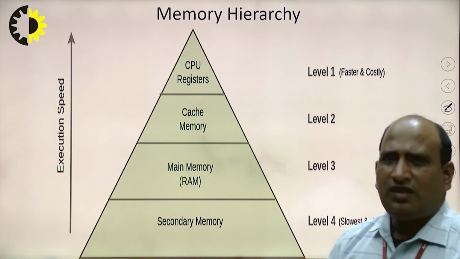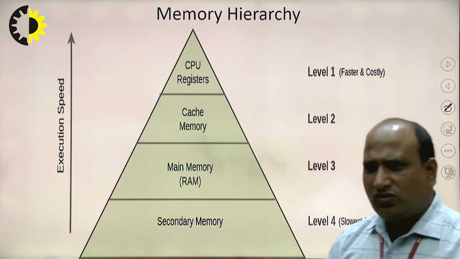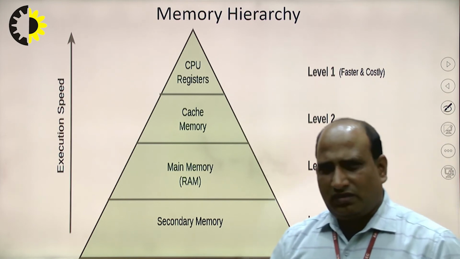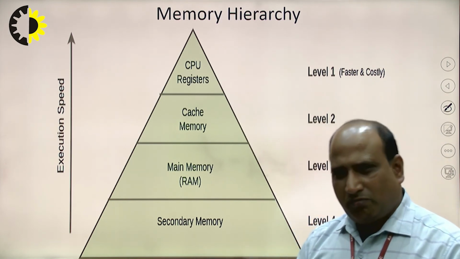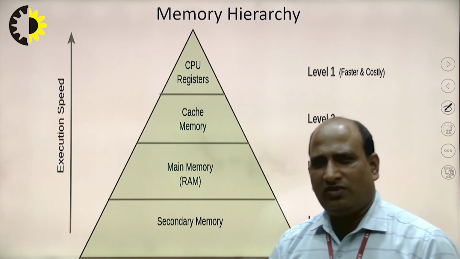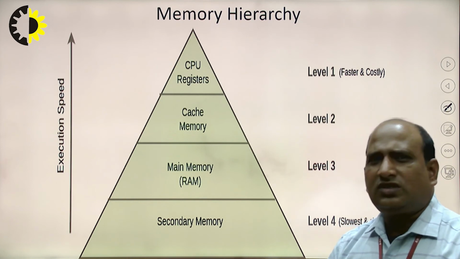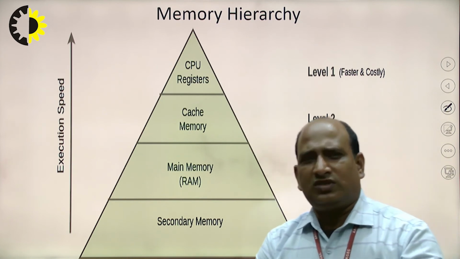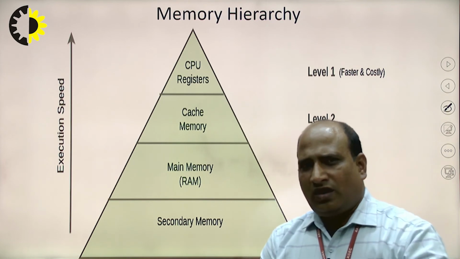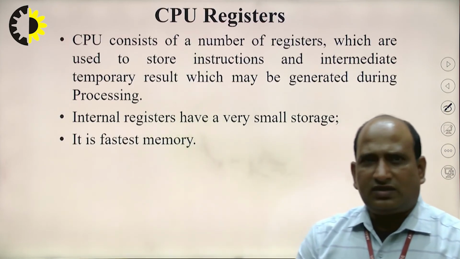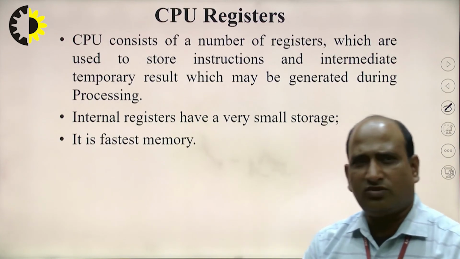Then comes the cache memory. Cache memory is also called SRAM. It is made of RAM, but it is put within the processor or close to the processor, between the main memory and the processor. I have already explained the CPU register.